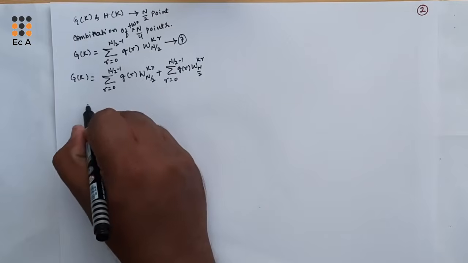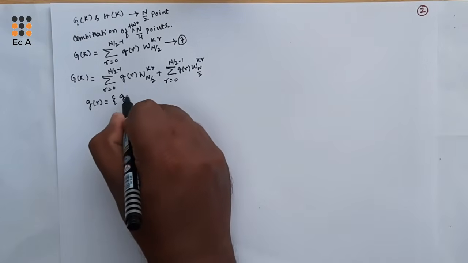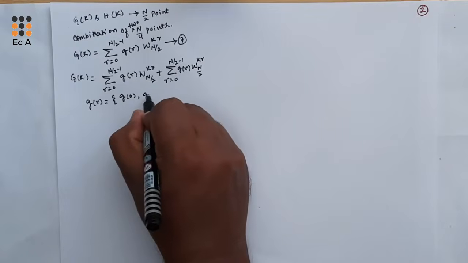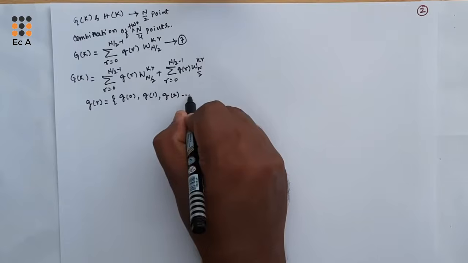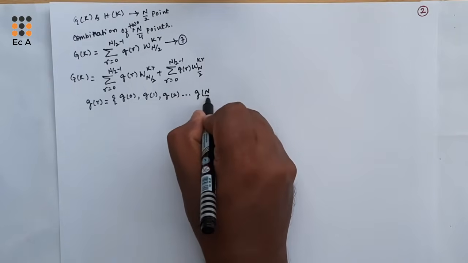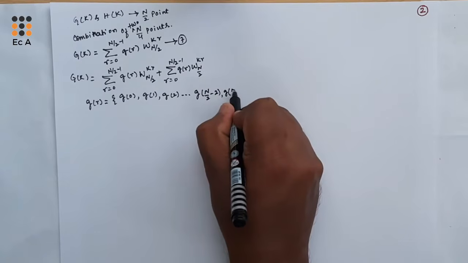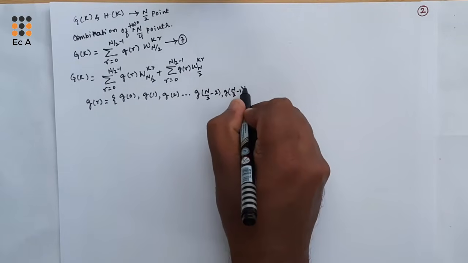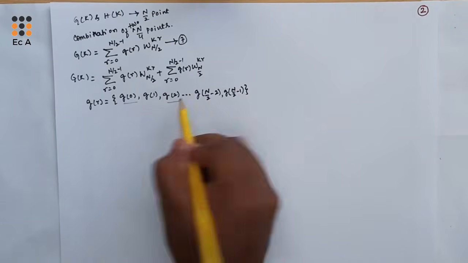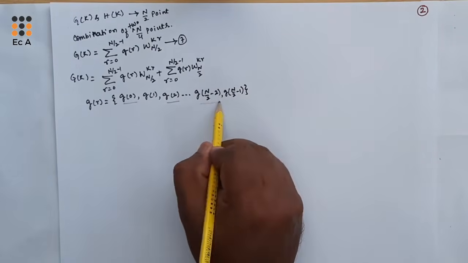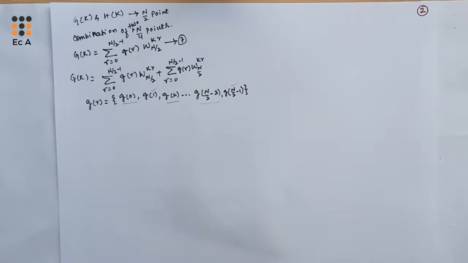Since we are taking the sequence g of r, that can be represented as g of 0, g of 1, g of 2 and so on up to g of n by 2 minus 2, g of n by 2 minus 1. Here these are the even sequence and these are the odd sequence.